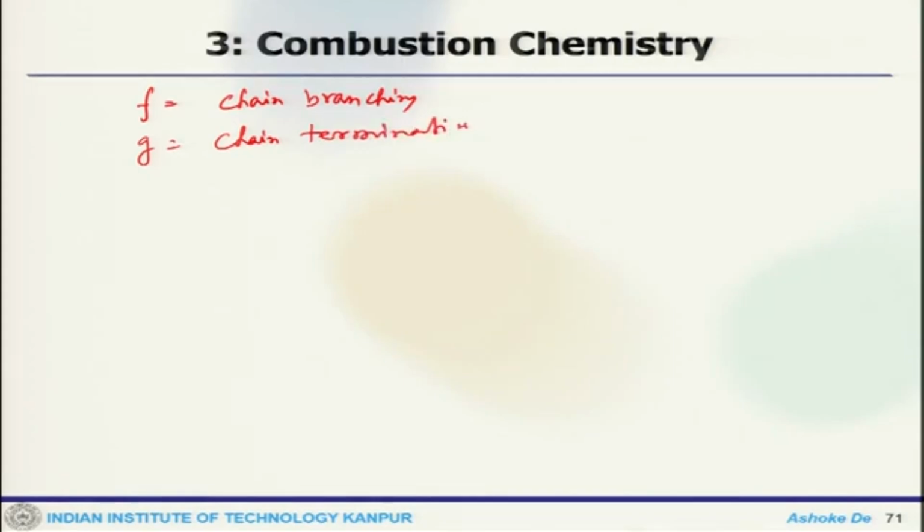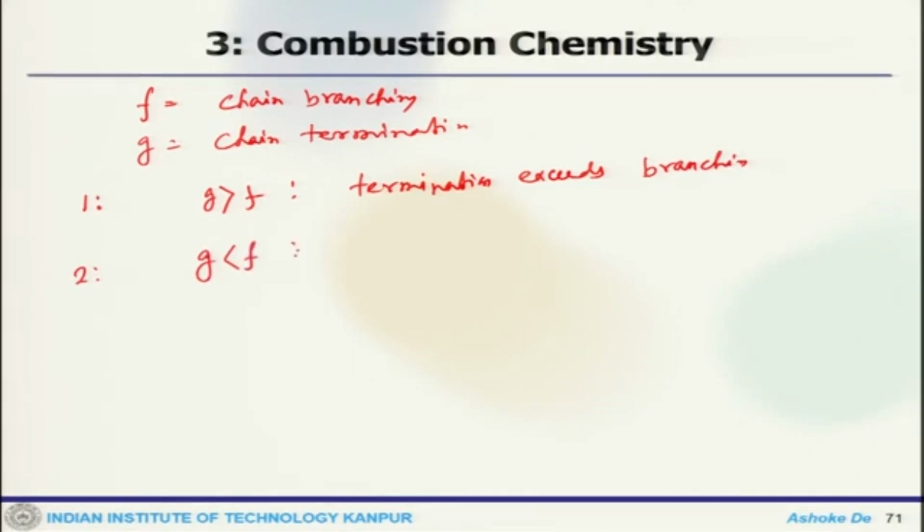Now, if that is the situation, there would be two possibilities. Number one, G greater than F. That means termination exceeds branching. Or possibility 2, G is less than F. That means branching exceeds termination.